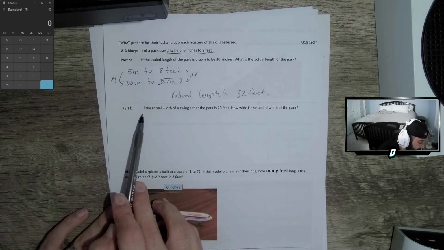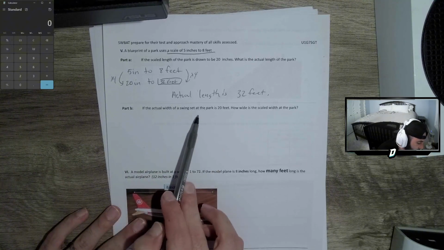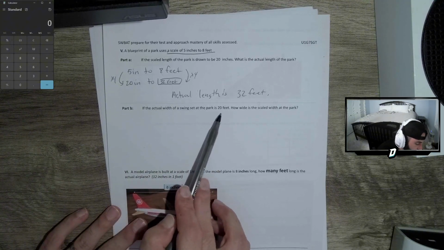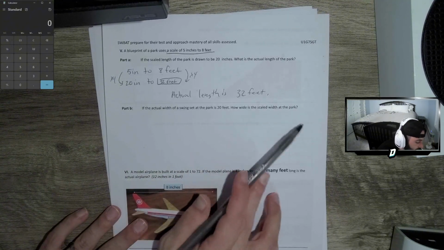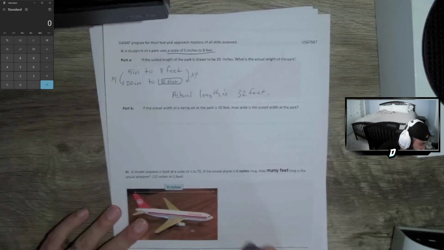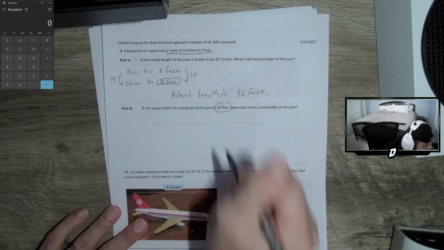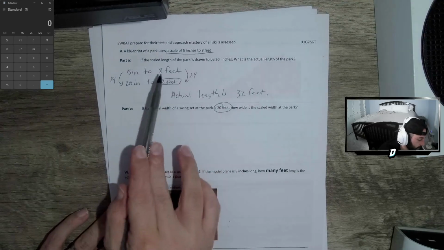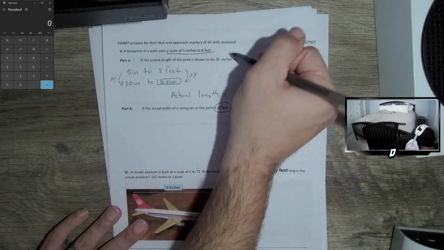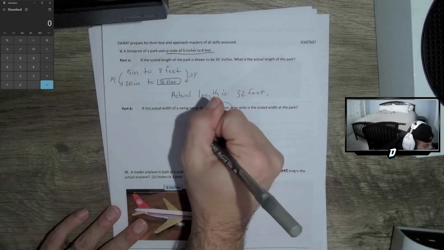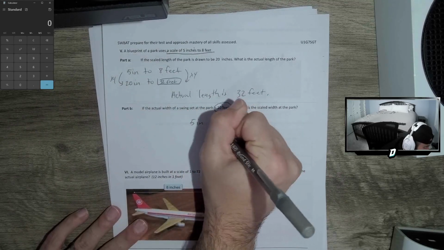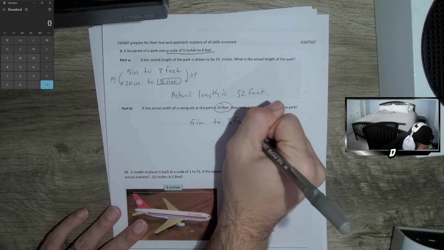So if the actual width of the swing set at the park is 20 feet, how wide is the scaled width at the park? So here you're paying attention to units, right? It's no longer inches. So we write down the same ratio that we had up here, where we say 5 inches to 8 feet.